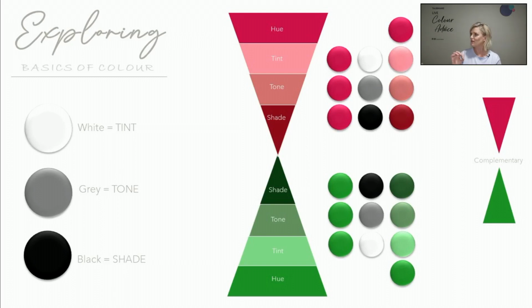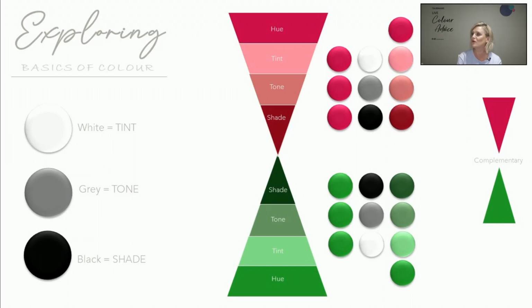Then your tone is the pure color plus gray. And then you've got your pure color plus black, which creates shade. So you can see how by adding other colors, you're diluting your color down or you're intensifying the color. So you're starting to create some beautiful, beautiful colors.